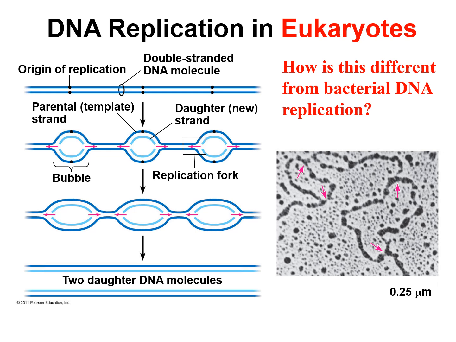So looking at this, hopefully you noticed that there's several places that we've started replicating the DNA here. So there's actually many origins of replication. There's not just one like we had with the bacterial chromosome, but there's many.